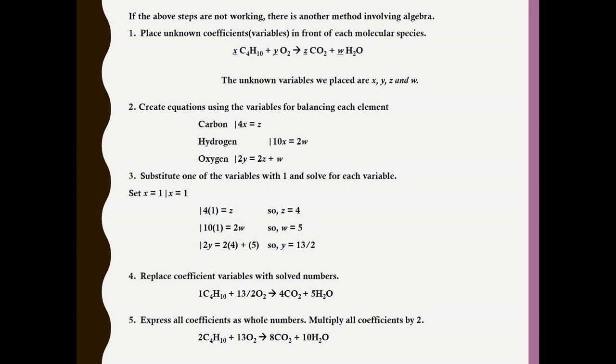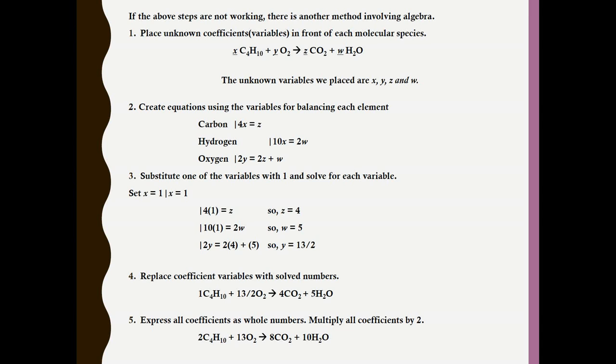So I multiply the coefficient with the subscript, and that's how I get 4x equals Z. On the right side, you can see that carbon has a Z in front of it, on the right side of the arrow. In the carbon dioxide, you see that there is CO2, but in front of the CO2 there is a Z, and the subscript for C in here is 1 because there is nothing. So 1 times Z is Z.